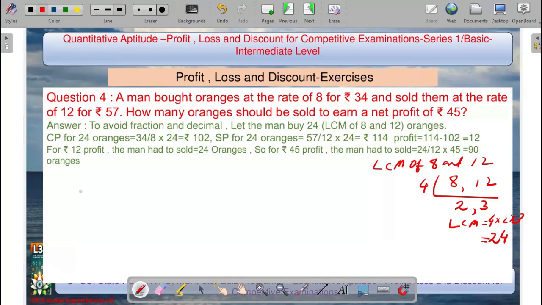So now we will find out the cost price for 24 oranges. That will be 34 rupees for 8 oranges. So 34 divided by 8 into 24. For 24 oranges, the price will be 34 by 8 into 24.